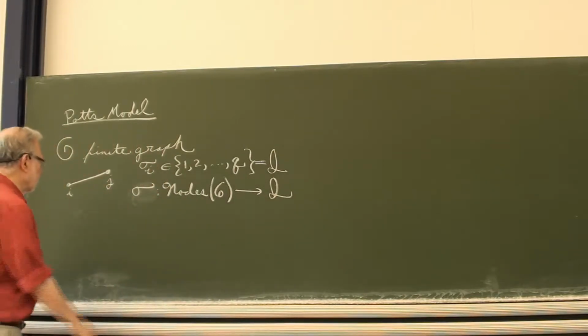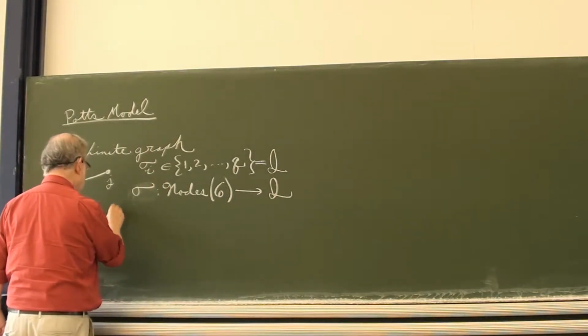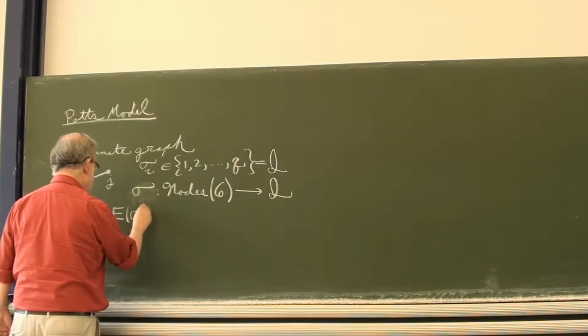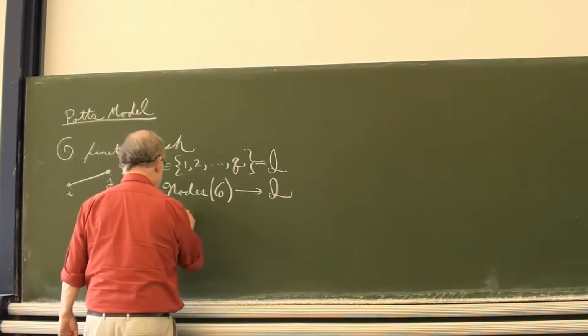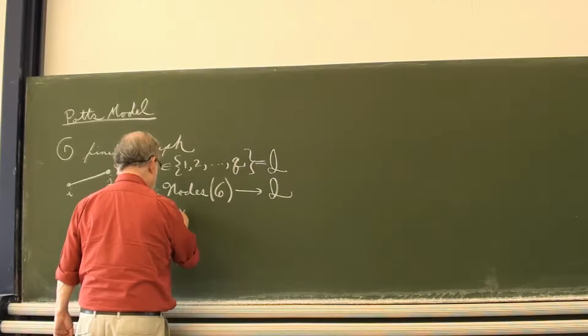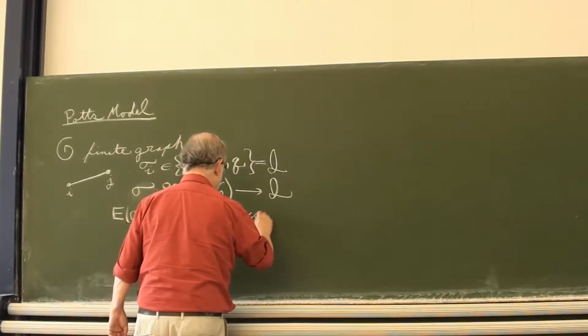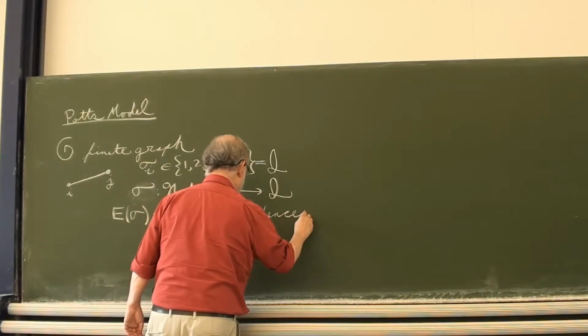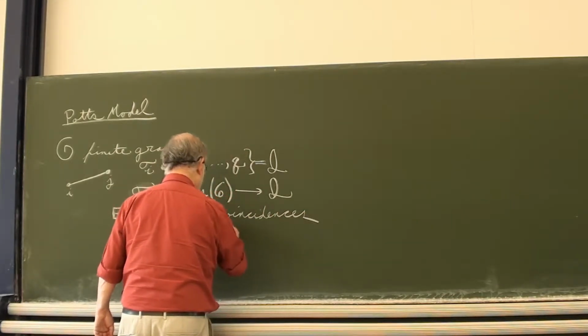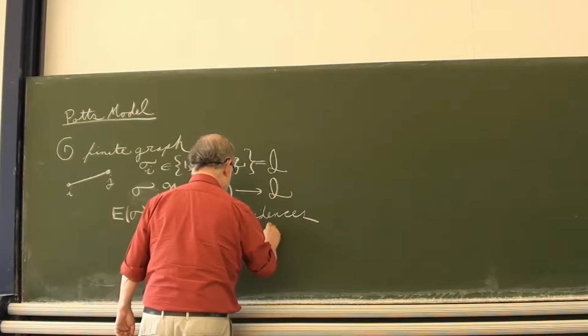And then the energy of the state is defined to be the number of coincidences across edges.